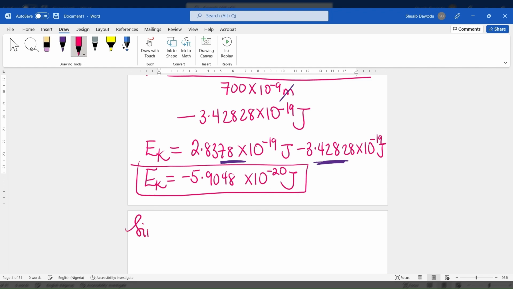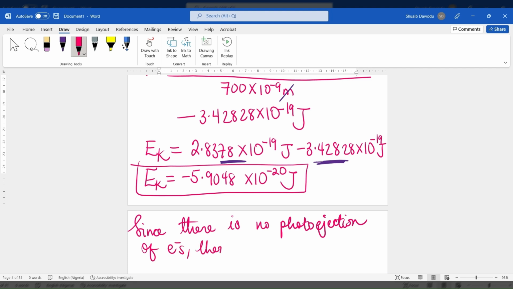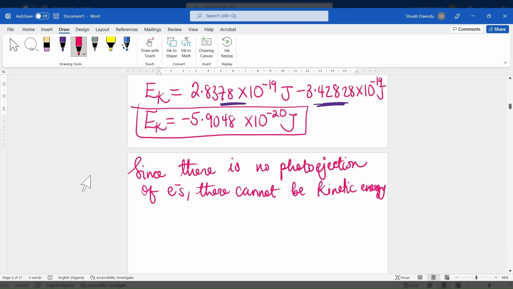Since there is no photoejection of electrons, meaning the light is not causing electrons to be ejected, there cannot be kinetic energy. Don't forget, the kinetic energy that we calculated that is negative is just telling you that it's negative in theory. You can calculate it, but it cannot actually happen in reality.